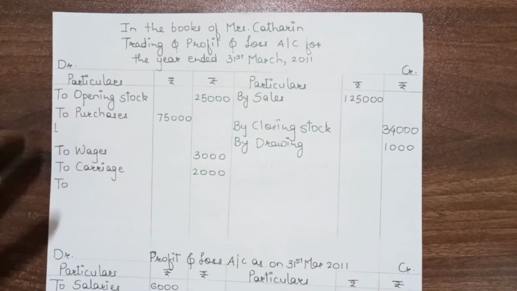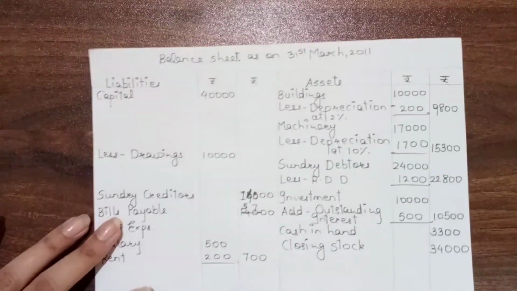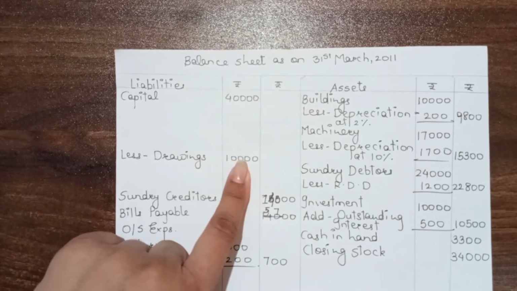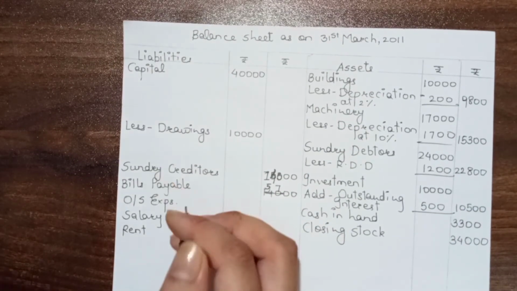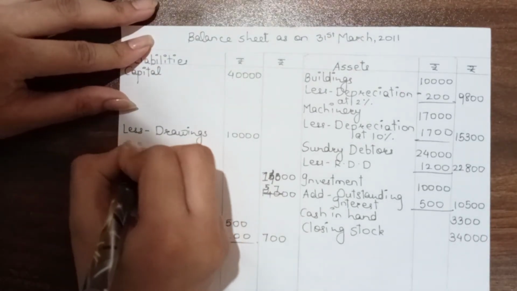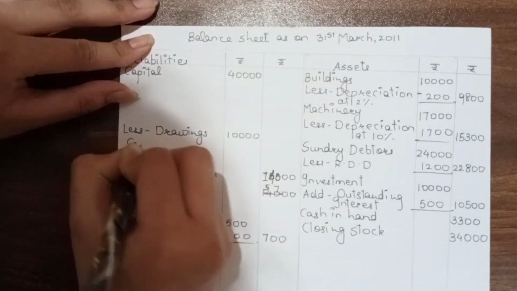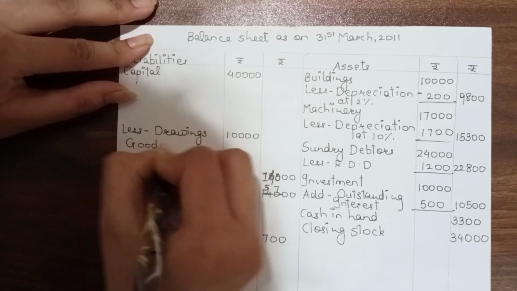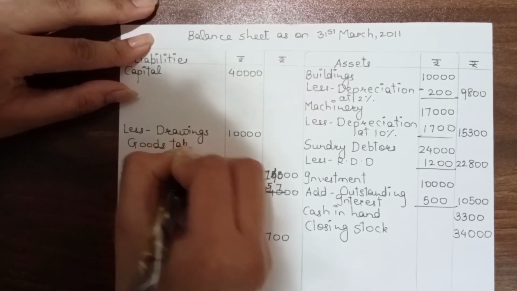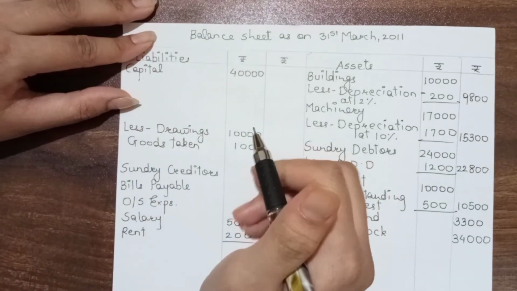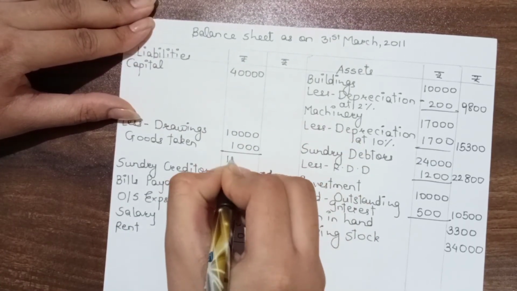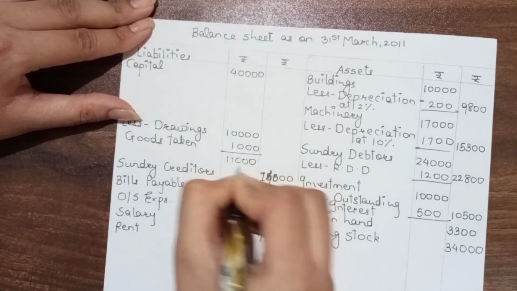And the second effect, you have to add in the existing drawing, that is in this drawing. So we will add this goods taken, $1,000. Okay, so the final amount is 11,000.